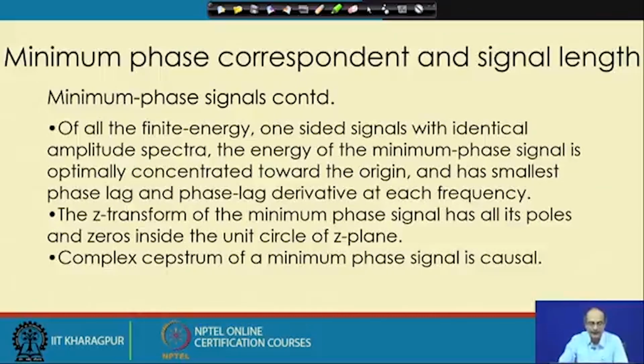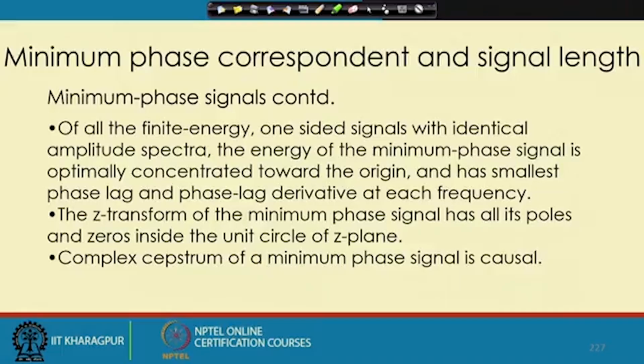What this suggests is that for finite energy signals we can have different phases. It may be minimum phase, maximum phase, or mixed phase. If all the poles and zeros are inside, it is minimum phase.